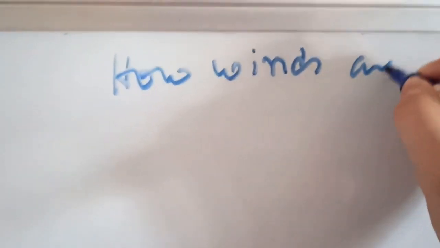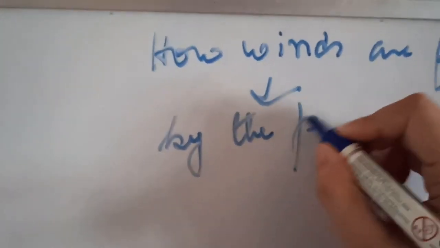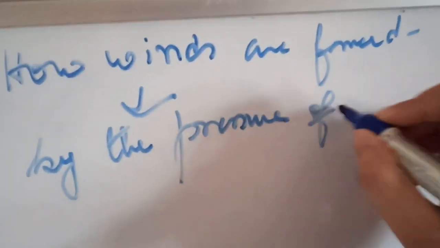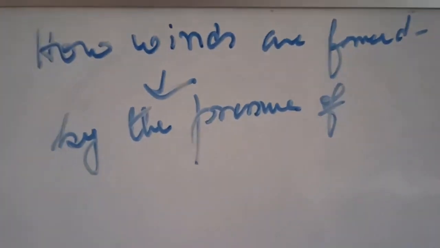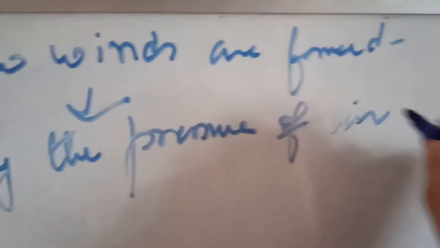How are winds formed? The winds are produced by the pressure difference between two regions, or pressure difference of air between two places.